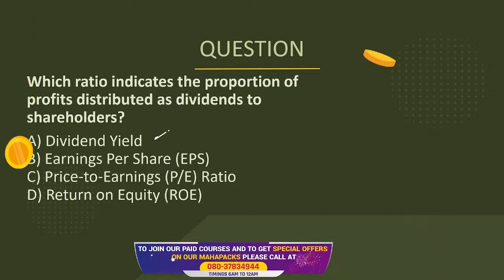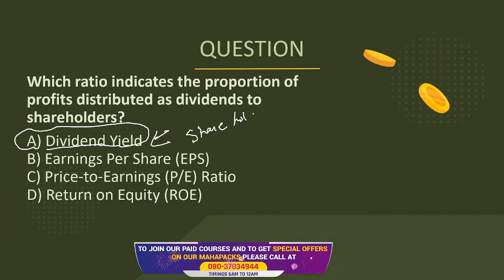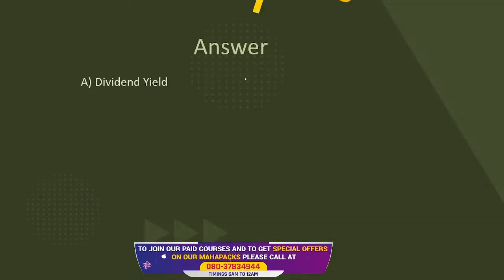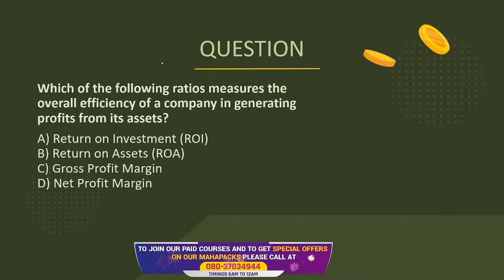So in this case, it is going to be the dividend yield. That dividend would be received by the shareholder. For a shareholder, this is income. Isn't it? So in this case, the correct answer is going to be the dividend yield. Done?